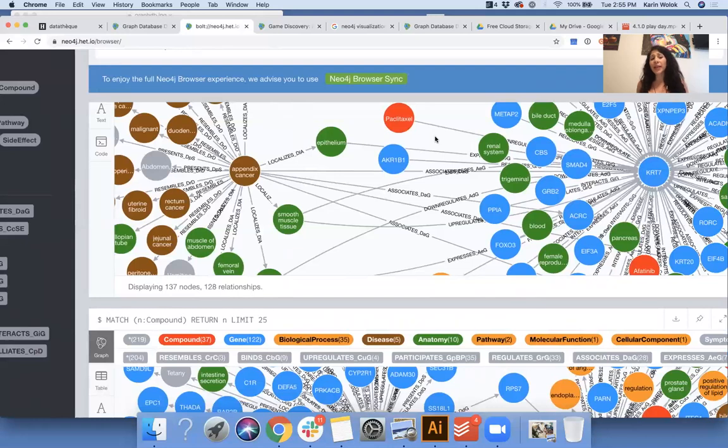Or if you're doing any kind of graph algorithm analysis, like community detection or betweenness centrality and PageRank, network related style queries, is the shape of your data a network or is it a table? So that's the big difference.